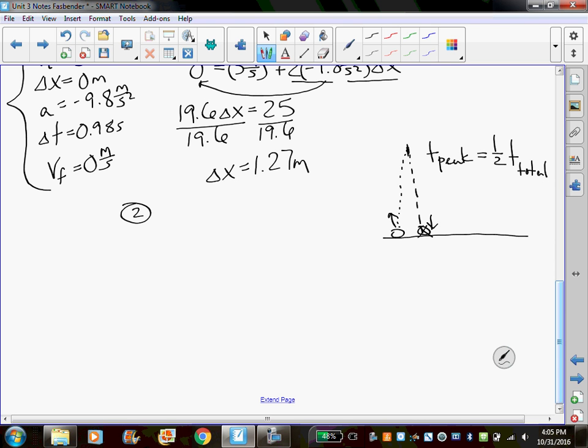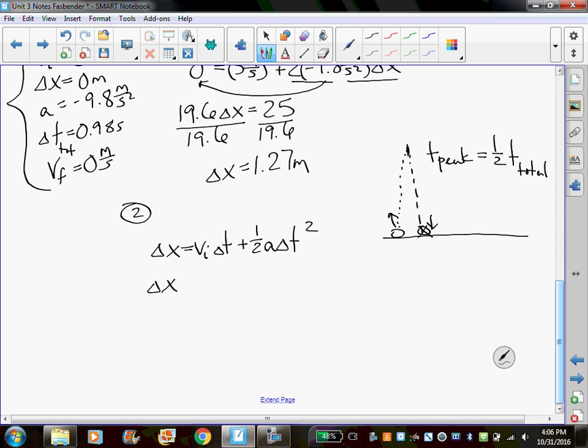So we can use that to our advantage, seeing as we already know that the total time is 0.98 seconds. So using that, we could use delta x equals vi delta t plus 1/2 a delta t squared and solve this problem using an entirely different equation.